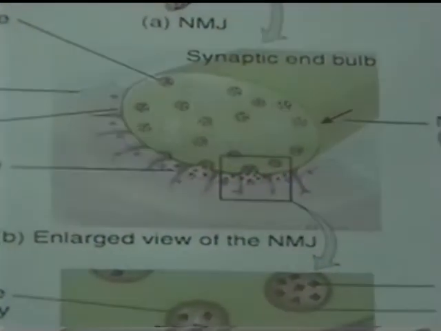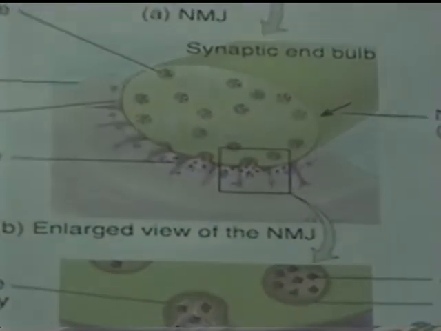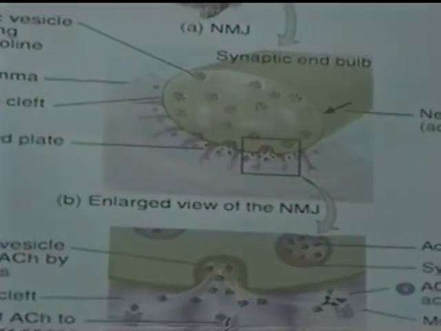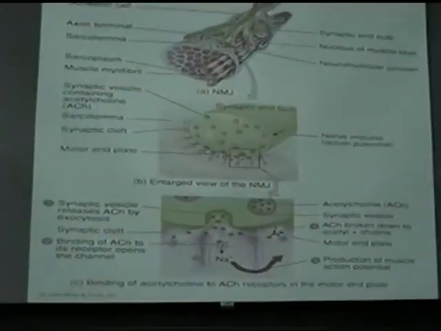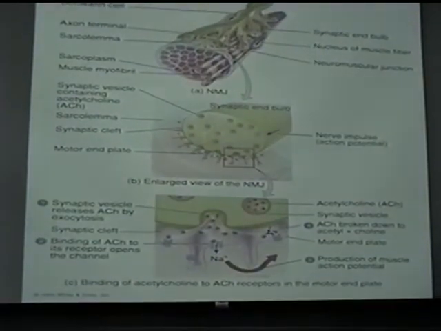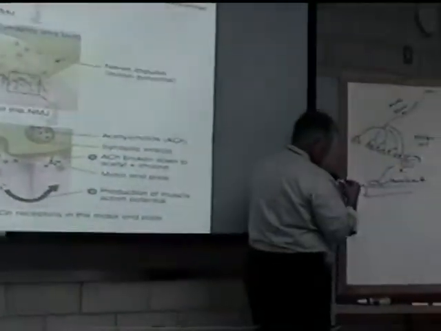We're going to describe in detail how that works when we do the nervous system. Right now, you just need to know that when the impulse arrives, it causes the secretory vesicles, the synaptic vesicles, to migrate. Okay?